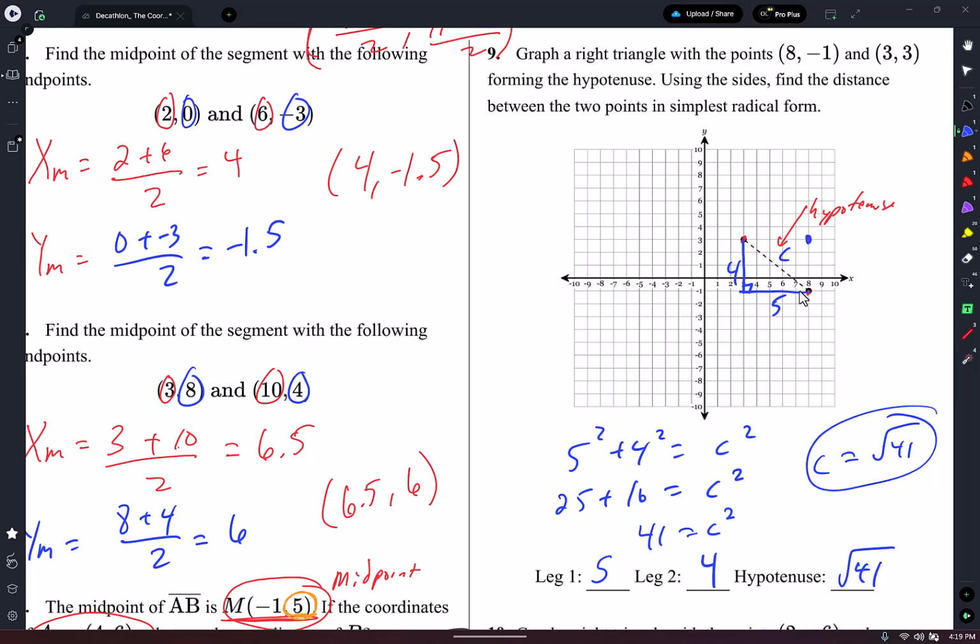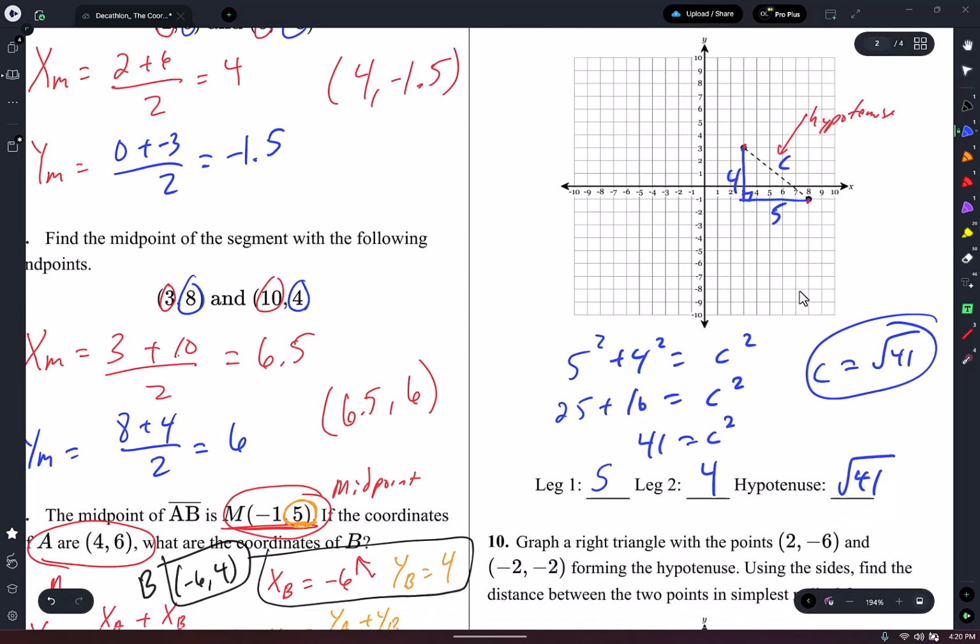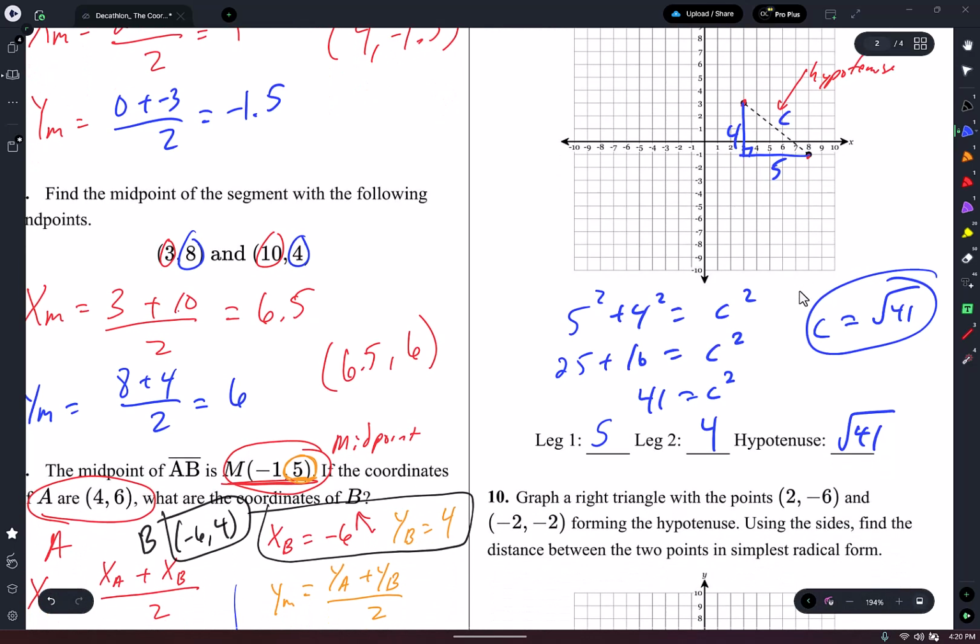If you had a point right here at 8, 3, you would just have that line. I think the way they're doing this is all your hypotenuses are going to be diagonals. They're not going to do a horizontal or vertical displacement. So all of these are going to be right triangles.